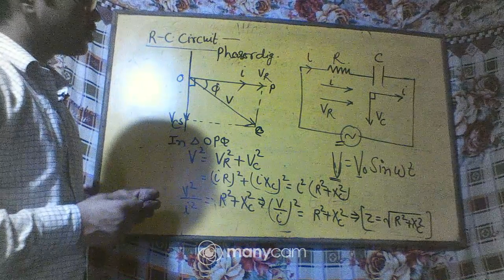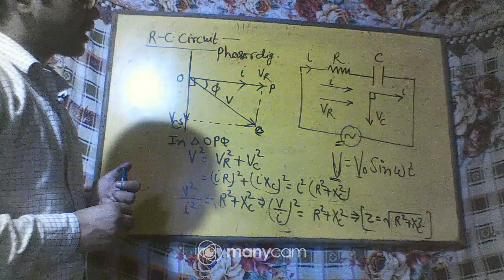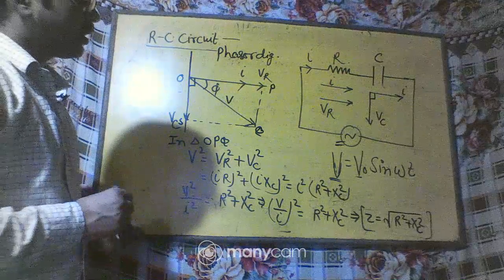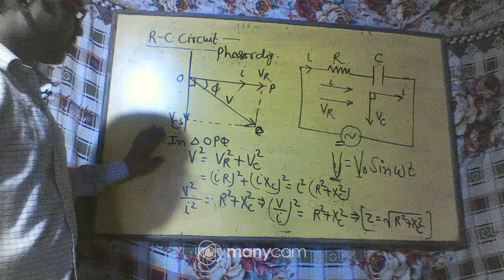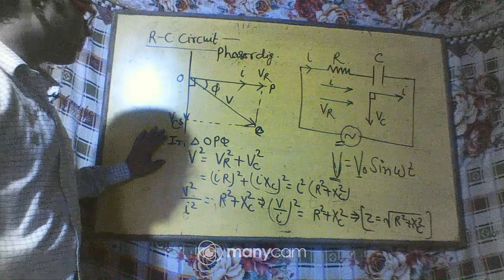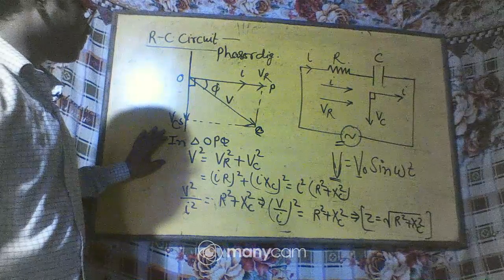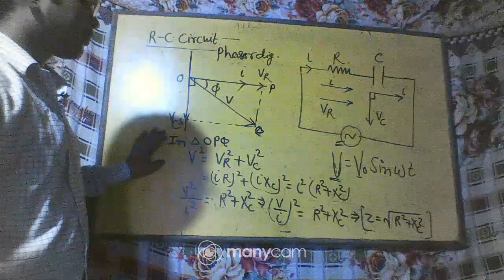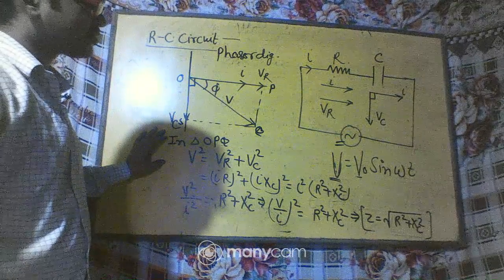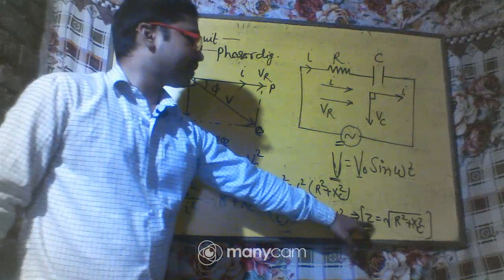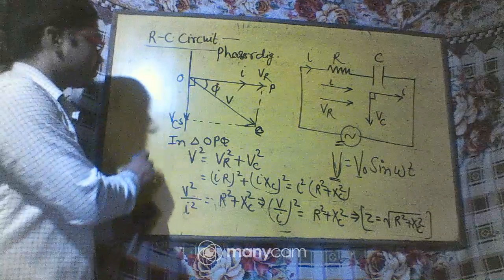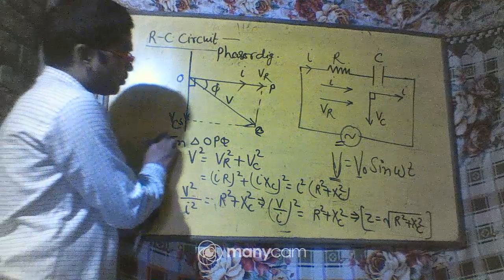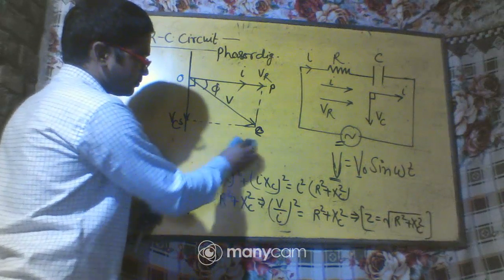Okay, you can also substitute the value 1 by omega C in place of XC. So try to note it down. I am going to erase this part and I will express this final result in the form of omega. So let me erase. You can pause your video and note it down.